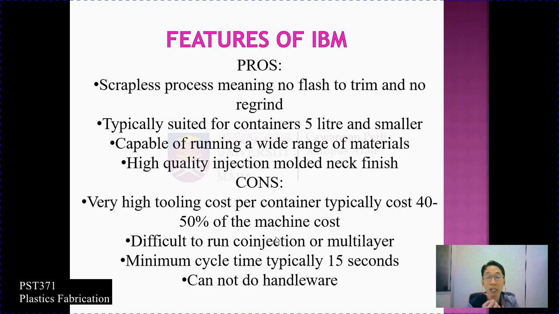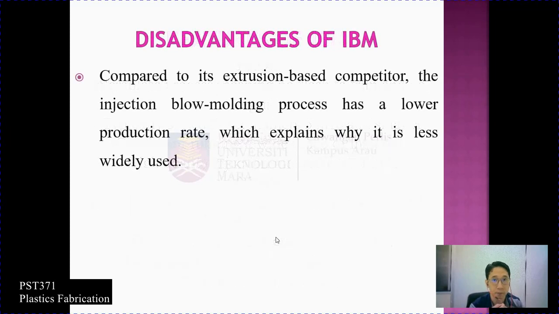Cannot do handleware. Also, same as in comparison to extrusion blow molding, extrusion blow molding can produce hollow parts with handleware. The disadvantage of IBM compared to its extrusion-based competitor is that the injection blow molding process has a lower production rate, which explains why it is less widely used.